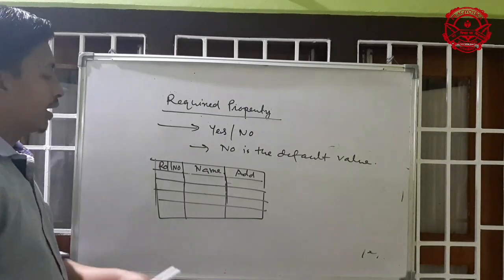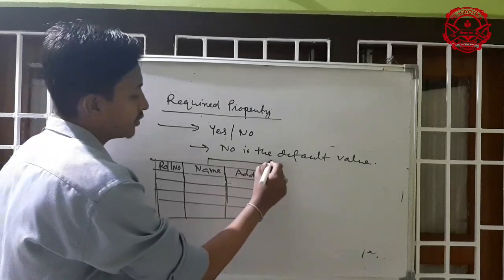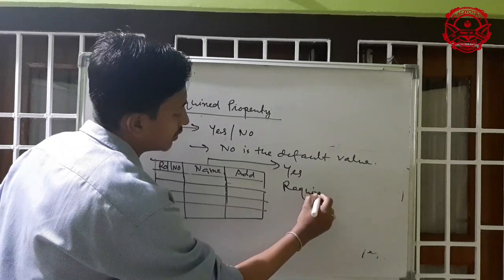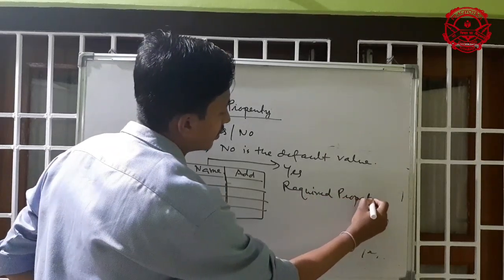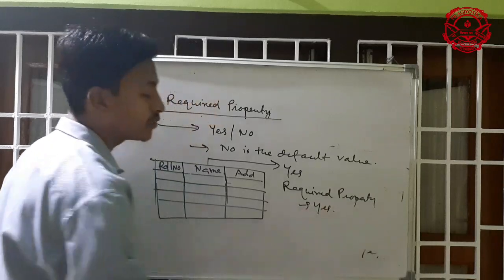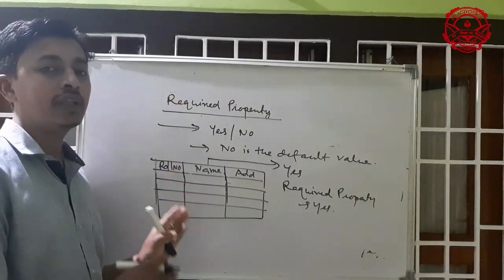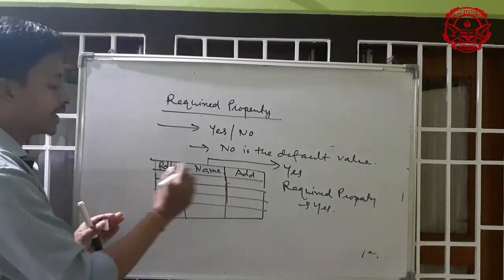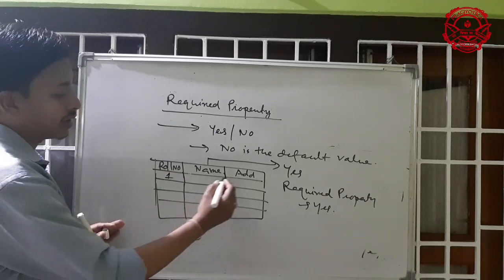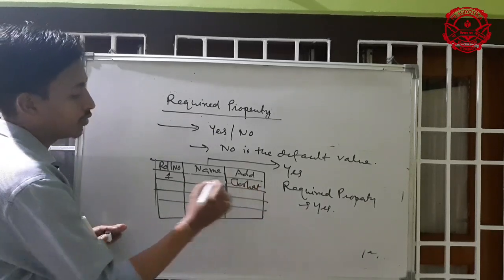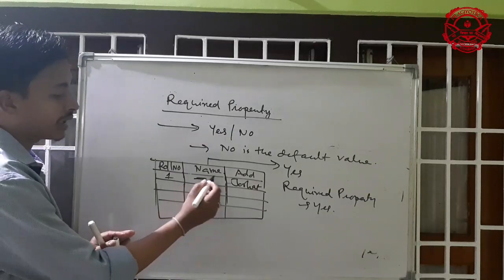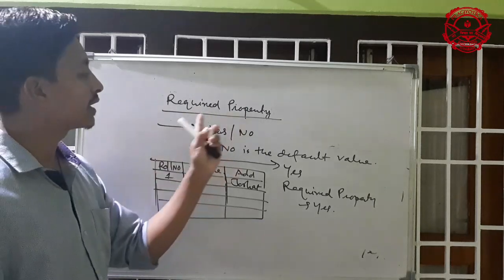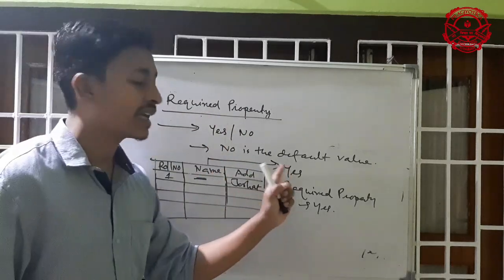You want the required property of the name field to be yes. It means this field should not be left blank. The user must give some value. When you enter the data, say for example roll number 1, address Jorhat, you cannot leave the name blank. You have to give something in the name field, because the required property value you gave is yes.